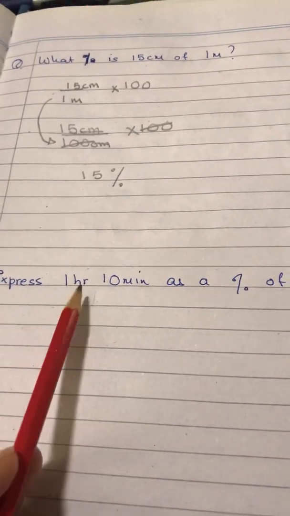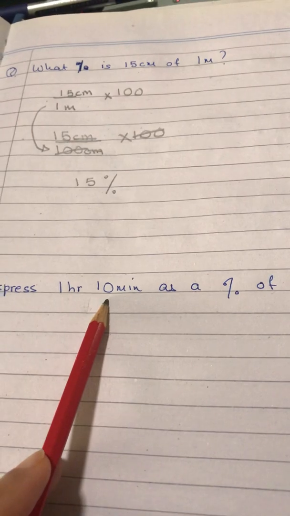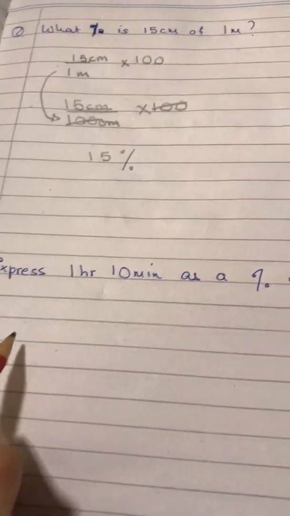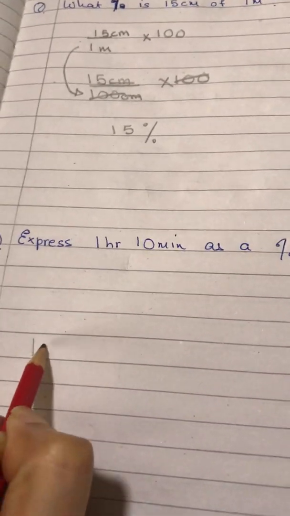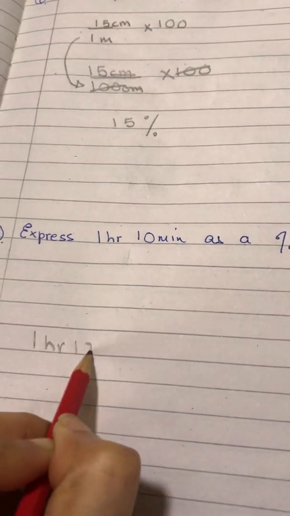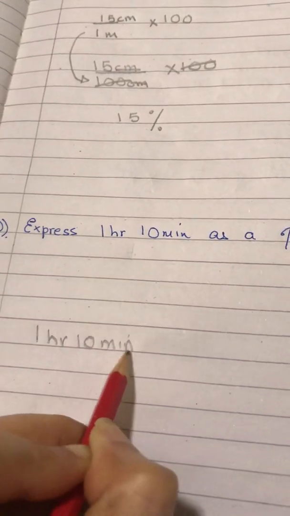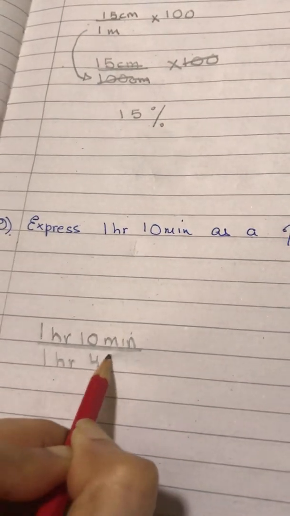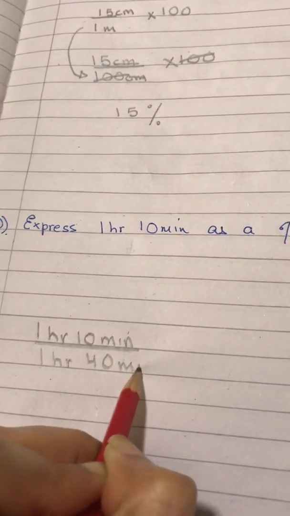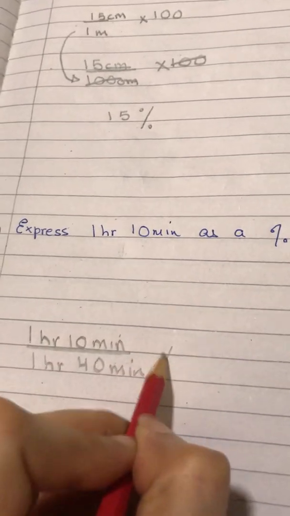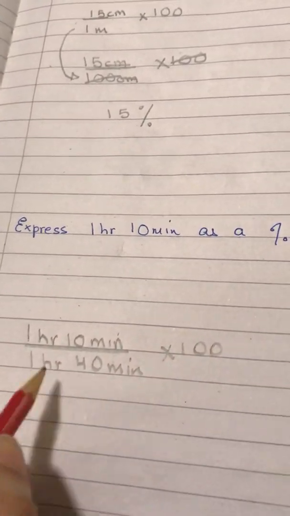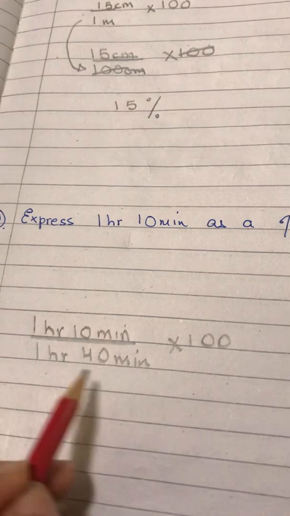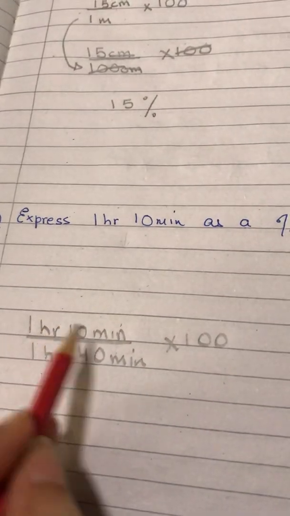So the smaller part here is 1 hour 10 minutes, so we are going to write it down as 1 hour 10 minutes on the top over the total, which is 1 hour 40 minutes, multiplied by 100.